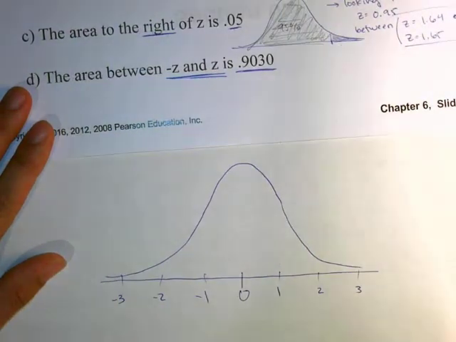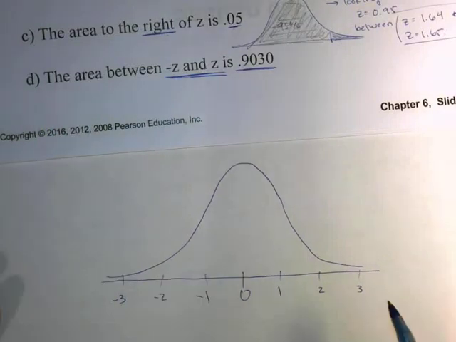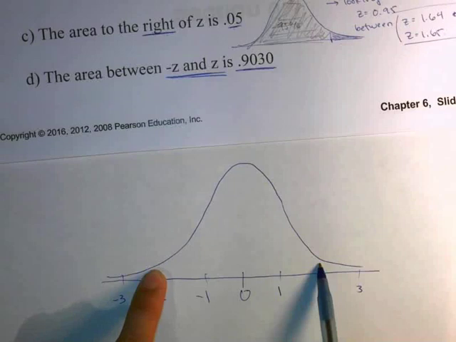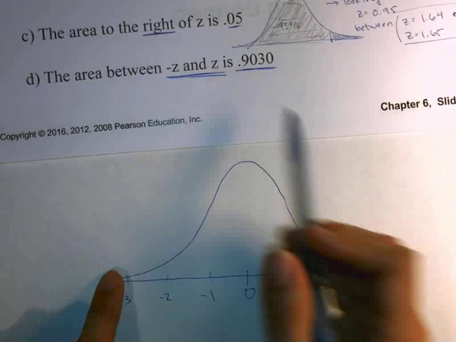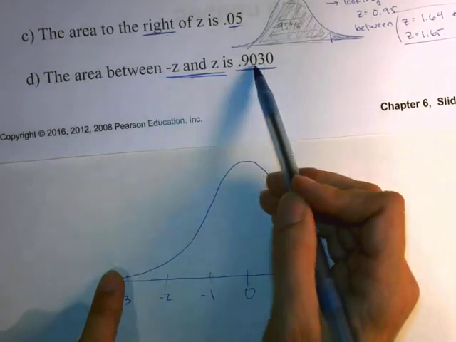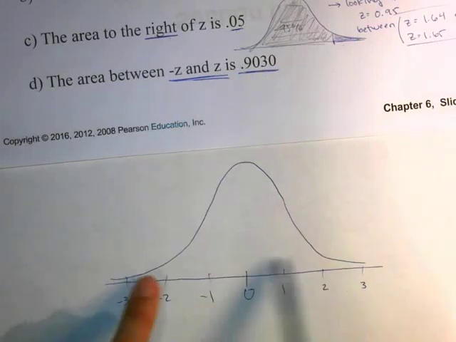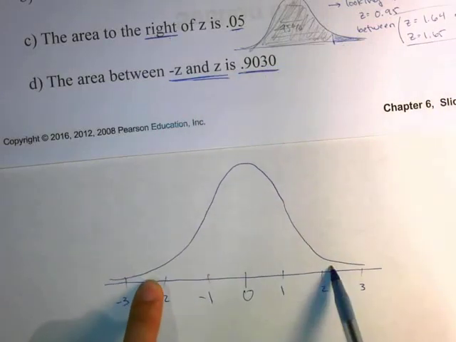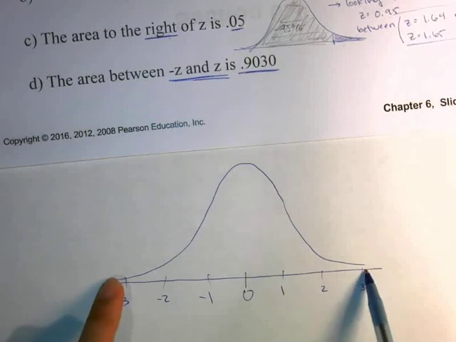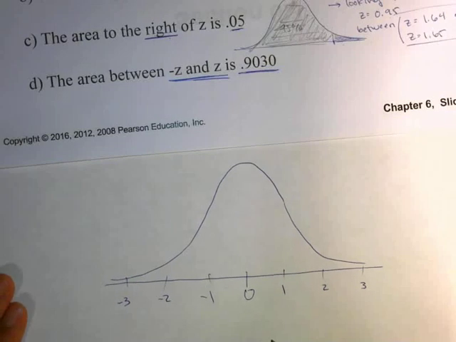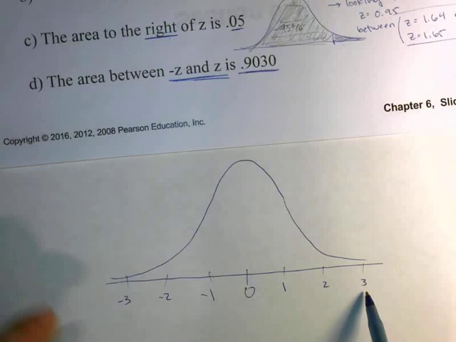And we are looking for this. Between z and negative z is about 90% of the data. So we're looking for some sort of a z-value where 10% of the data is out in these tails. Or I guess a little bit less than 10%. I'm just going to round this to 90% when I'm talking. And so we'll say we want 90% of the data to be between our two z-values and 10% of the data to be outside those two z-values.